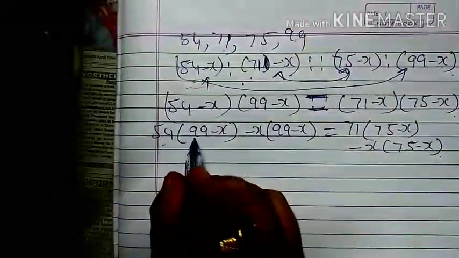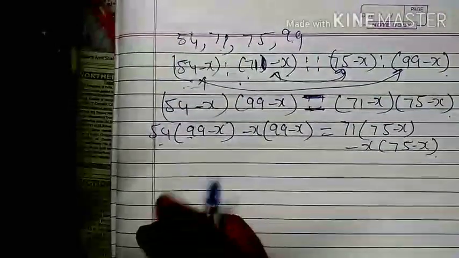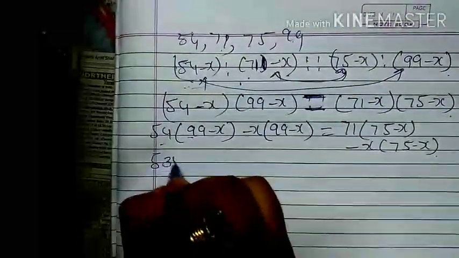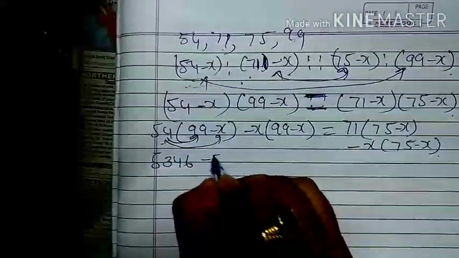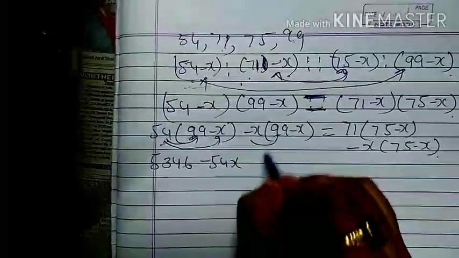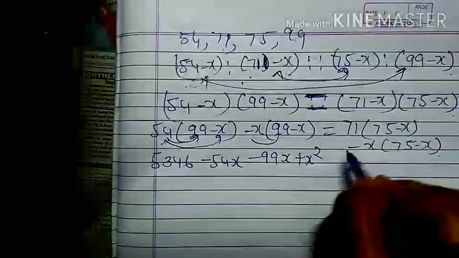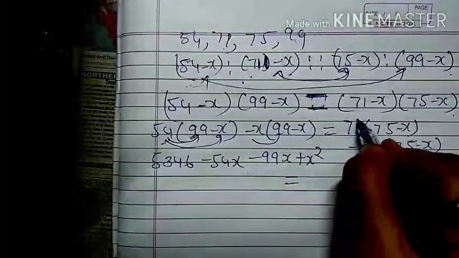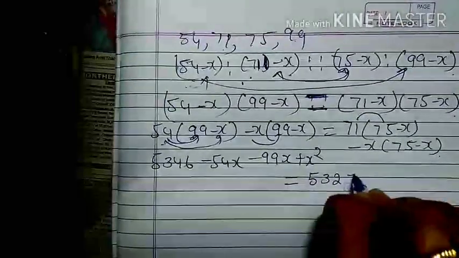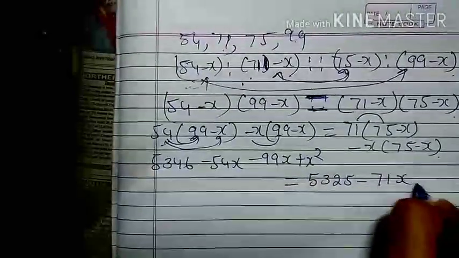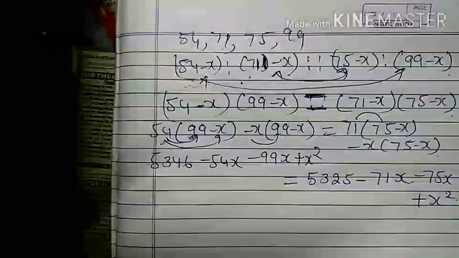Now 54 first multiplied by 99. When you multiply 54 into 99, that gives you 5346. That is when you multiply first with this. Now next multiply with this: minus 54x, then minus 99x plus x square is equal to, now 71 multiplied by 75 gives you 5325 minus 71x minus 75x, then plus x square.